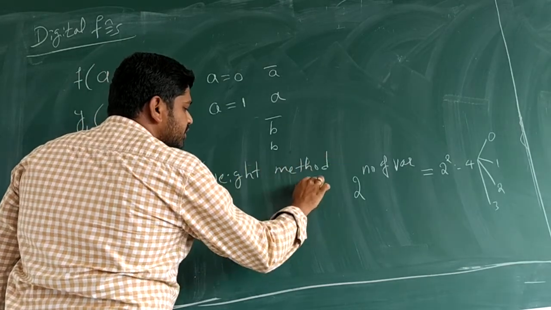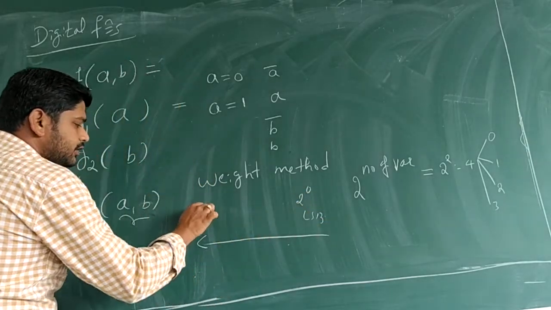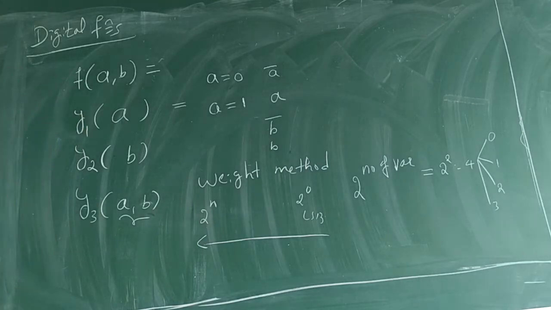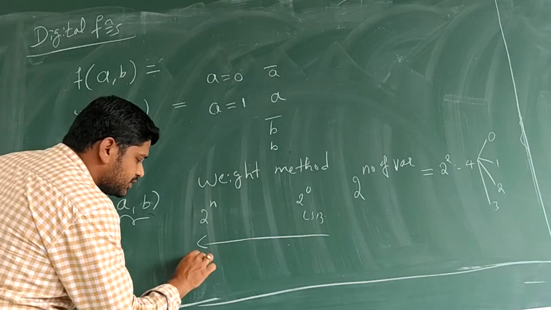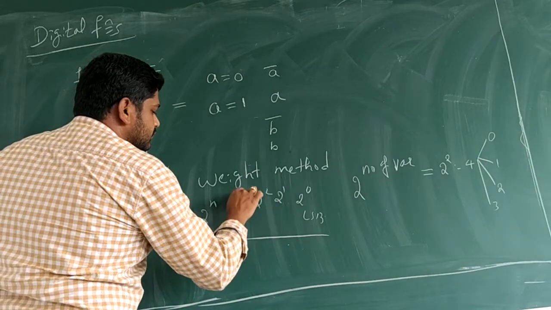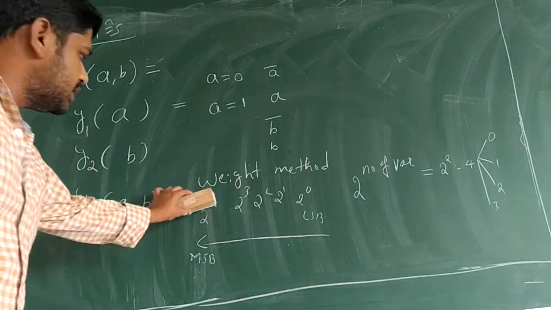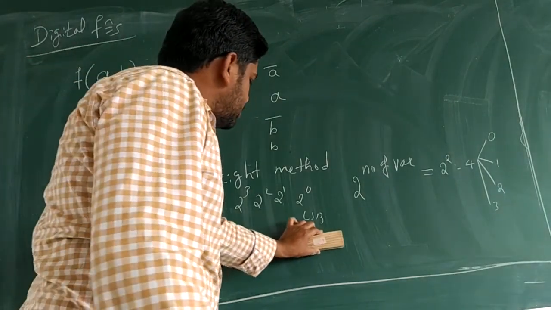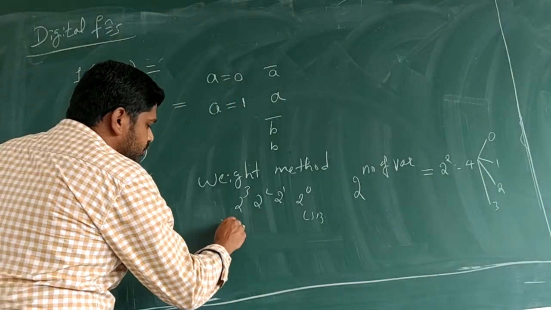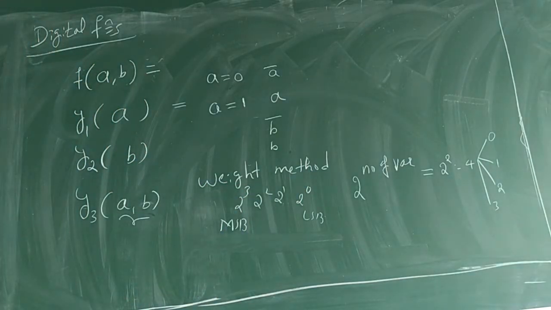Weight method means LSB, that is 2 raised to 0, till 2 raised to n. The last number is considered as MSB. In our concept of this first module, we have a scale of up to 2 raised to 0 till 2 raised to 3.